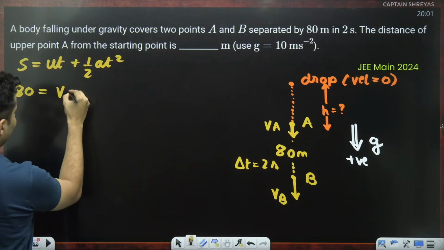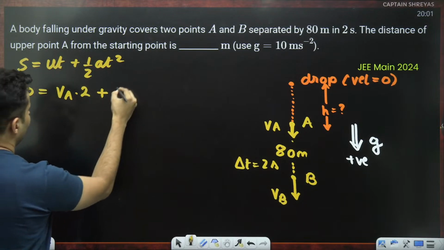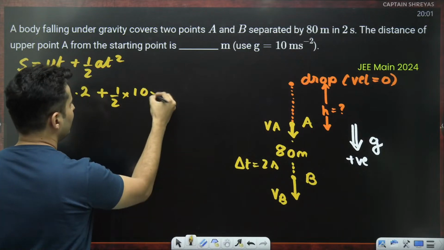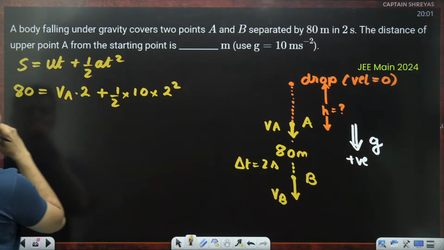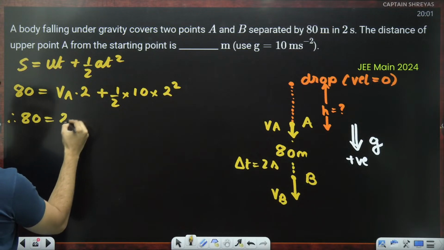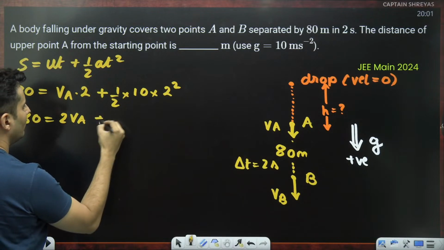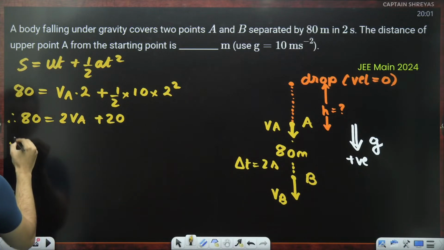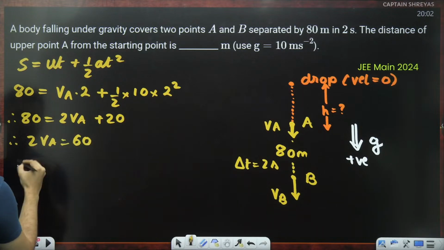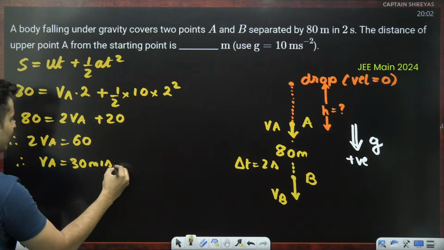Initial speed is VA, time taken is 2 seconds, plus half into acceleration due to gravity, plus 10 downwards, times 2 squared. So 80 is equal to 2 VA plus 20. Therefore 2 VA is 80 minus 20, which is 60. Therefore VA is 30 meters per second.